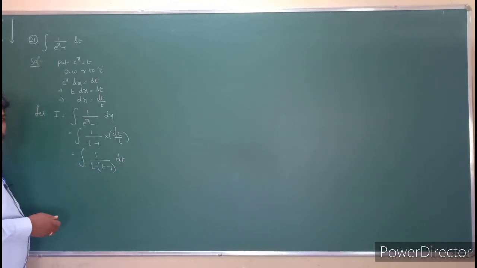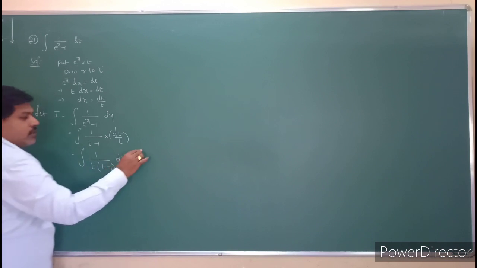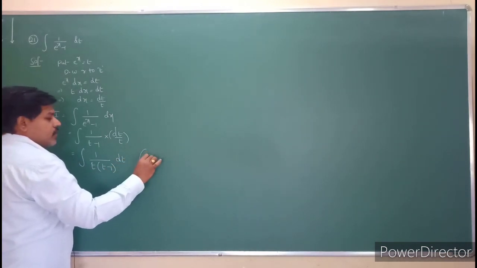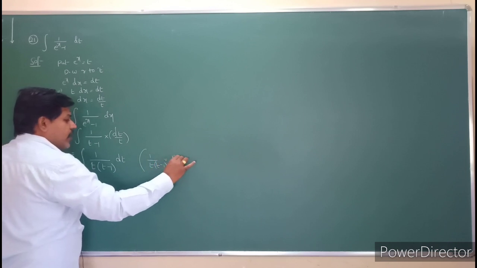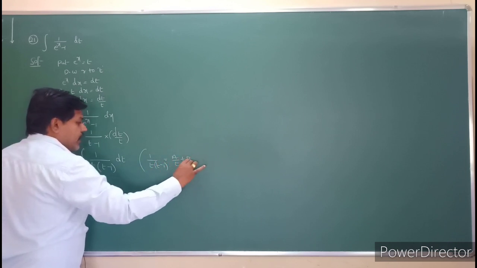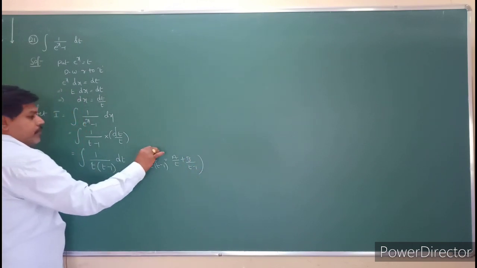So here it is in the form of 1 by x minus a into x minus b form, so we can do the partial fractions. This can be written as 1 by t into t minus 1 is equal to a by t plus b by t minus 1. Partial fractions, okay?